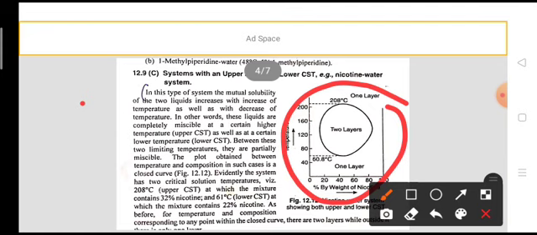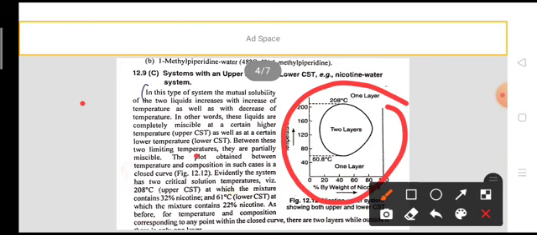The plot between the temperature and composition in such cases is a closed curve. As shown in the figure, the plot is a closed curve. Evidently, the system has two critical solution temperatures. One is upper CST and the other one is lower CST.